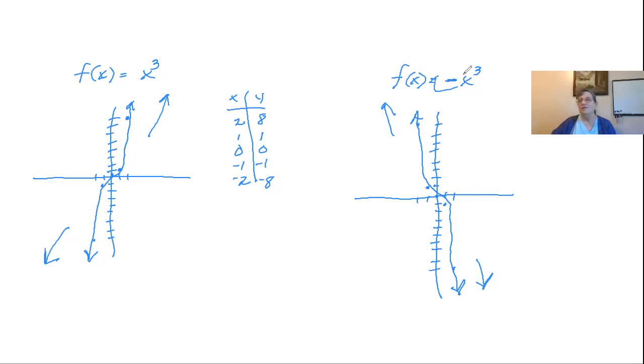If the leading term has a negative coefficient, then that changes. As x goes to positive infinity, the y values become negative. As x goes to negative infinity, the y values are positive. And this will give you a good start on graphing any kind of polynomial at all.